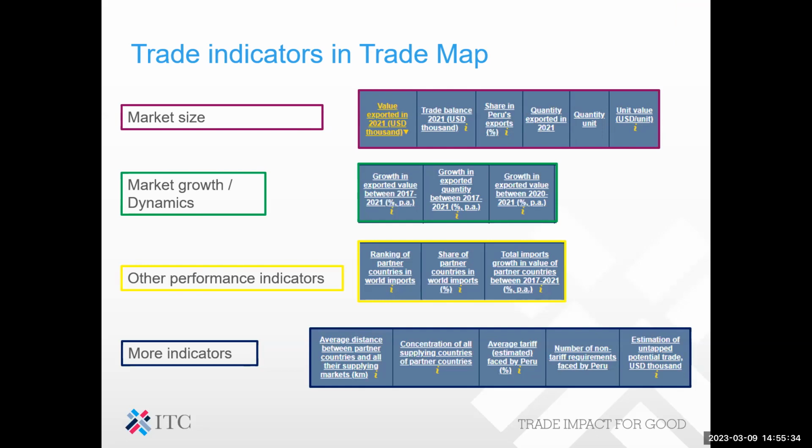And if you really need a lot of data, if you need to bulk download trade data, we recommend going to the UN Comtrade database. It depends on what data you're interested in. But usually, if you register, the data which you see on your screen, you could be able to download.